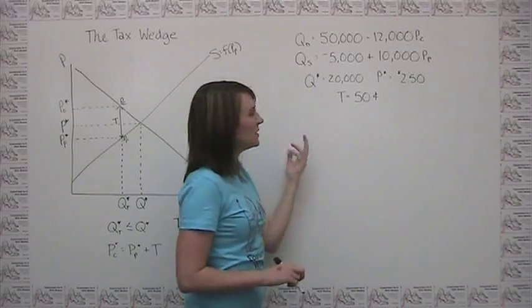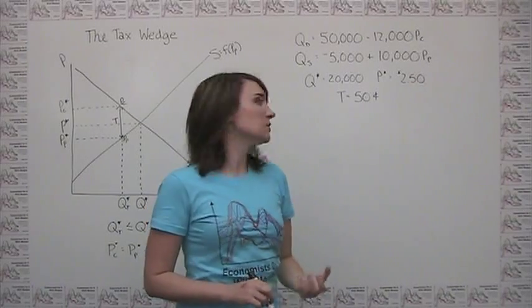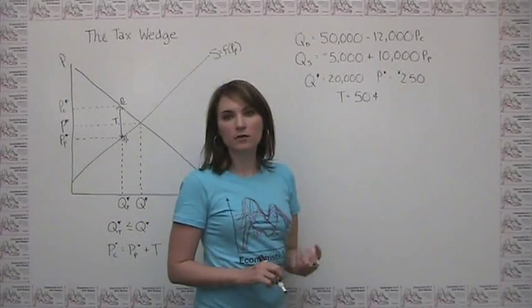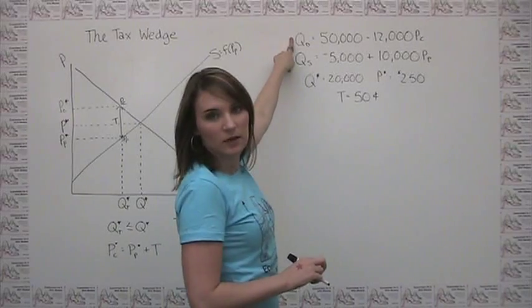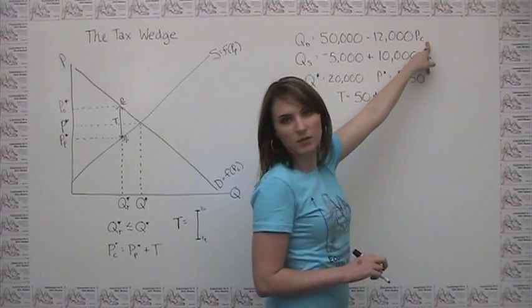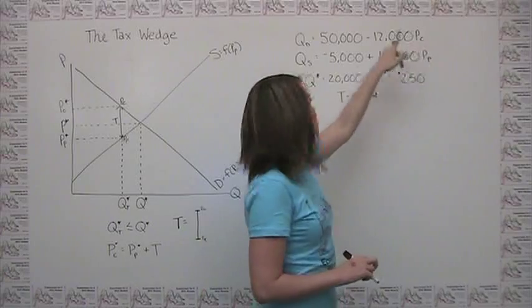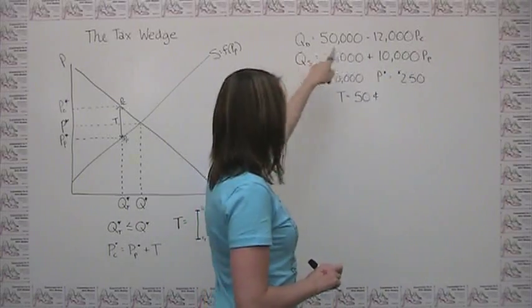So what you'll notice here is that this all looks a little bit intimidating, because we actually have four unknowns. Quantity demanded is a variable rather than a constant. Price to the consumer is a variable rather than a constant. Quantity supplied is a variable rather than a constant.